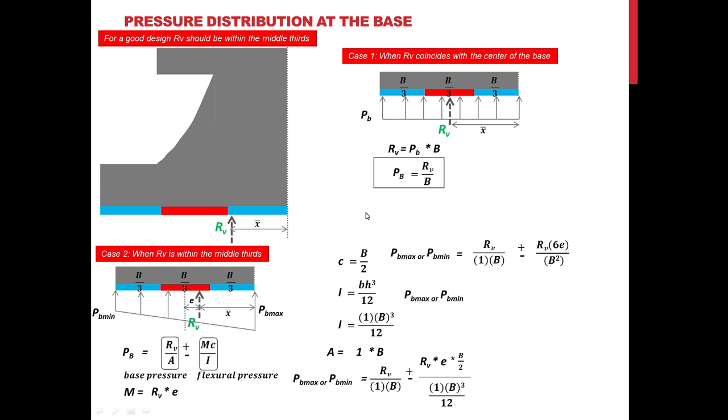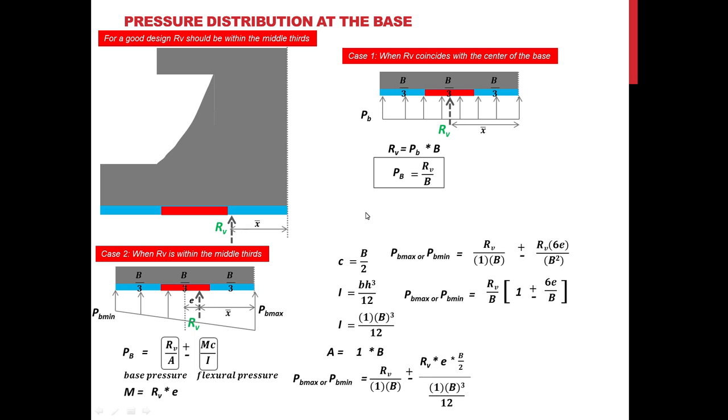So therefore, the maximum pressure and the minimum pressure will be equal to RV all over B, times 1 plus or minus 6E all over B. So this will be the formula for maximum or minimum pressure at the base of the dam when RV is within the middle thirds but not coinciding with the center of the base.